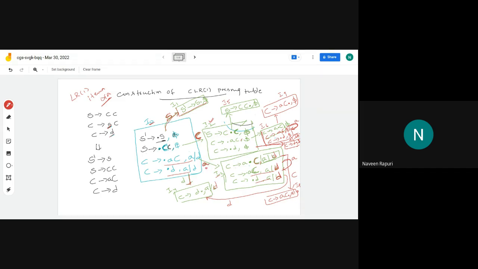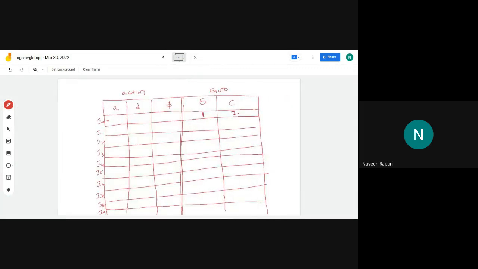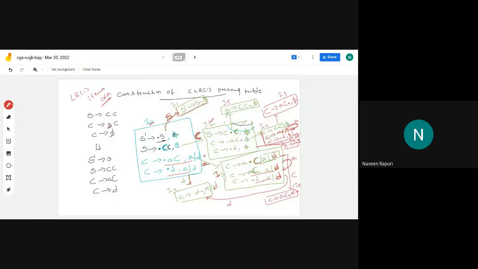After that, if there is a terminal, that is considered a shift action. That is S3, because the state is I3, shift 3. And next, I0 on small d, it is moved to I4.